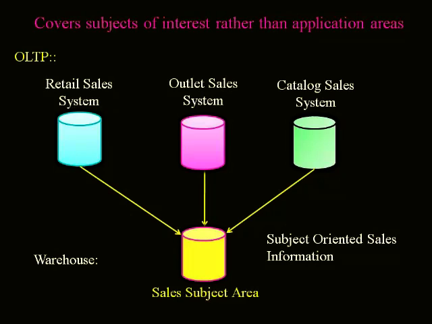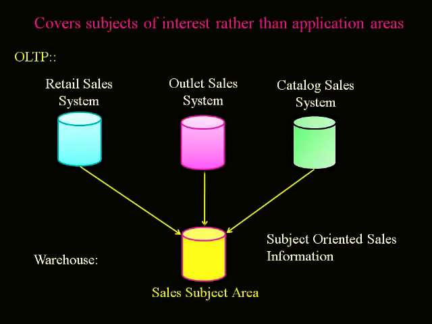In order to get meaningful information about sales, you need data related to sales. So all the sales data related to the retail sales system, outlet sales system, and catalog sales system is integrated under one subject heading called the sales subject area.